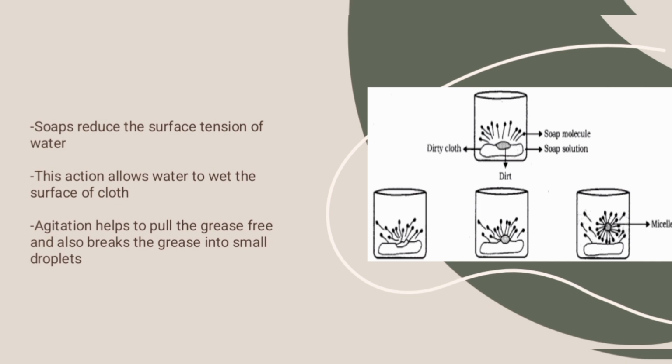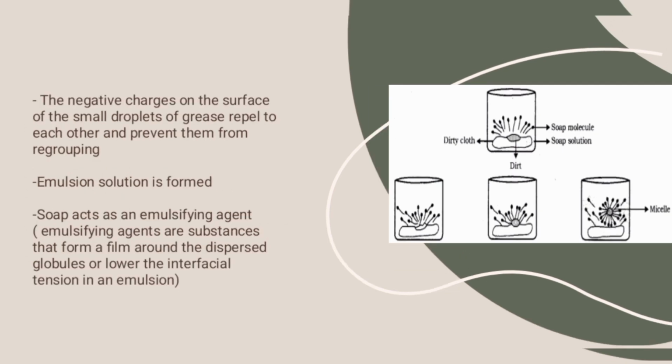This action allows water to wet the surface of clothes. After that, agitation helps to pull the grease free and break the grease into small droplets. Next, the negative charge on the surface of the small droplets of grease repel each other and prevent them from regrouping.